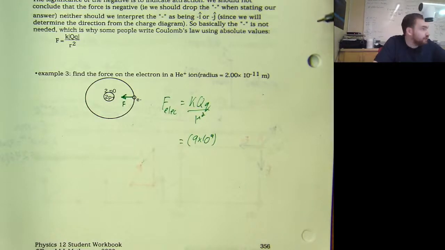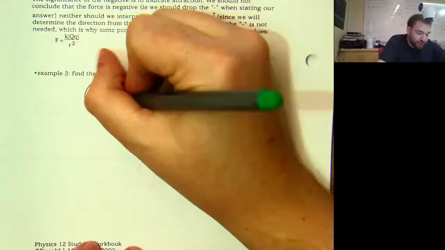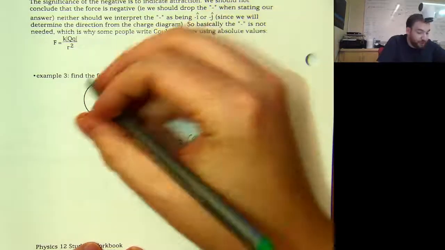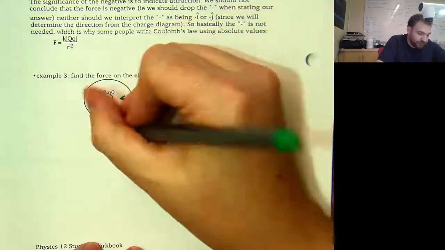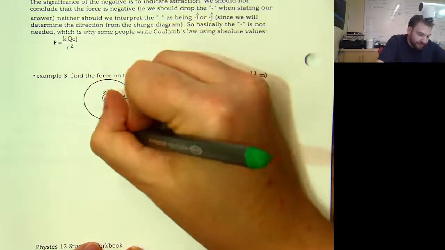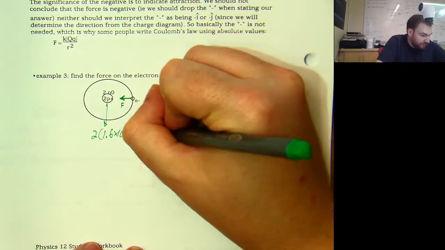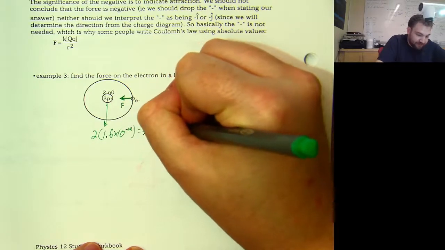What are the charges that we're dealing with here? So I got 2 positive, 1 negative. So the charge on my nucleus is going to be 2 times the elementary charge, 1.6 times 10 to the negative 19, which is 3.2 times 10 to the negative 19.